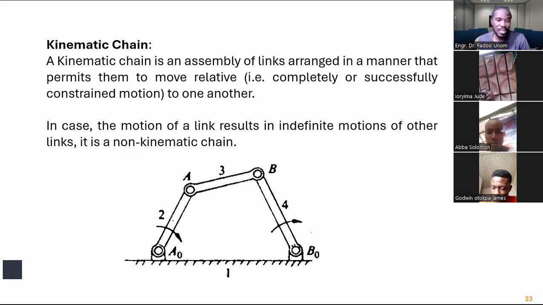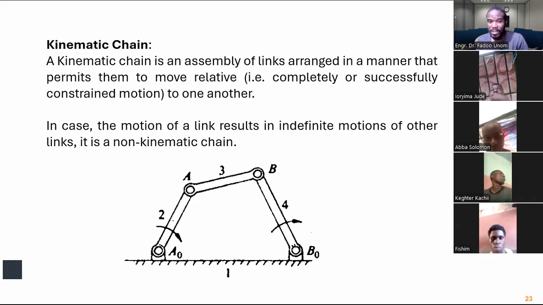So we say that the motion has to be successfully or completely constrained. What that means is they move in a specific way. They do not have unpredictable motion. So in case you have some links that have been connected one to another, and you cause one to move, and that one causes the others to move, and their movement is indefinite, we can't define them, we can't predict them, then such an assemblage will not be a kinematic chain.